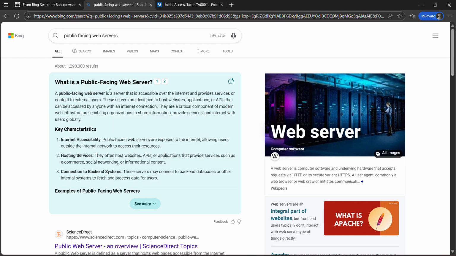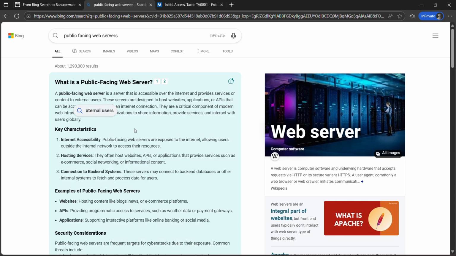A public-facing web server is a server that is accessible over the internet and provides services or content to external users. These servers are designed to host websites, applications, or APIs that can be accessed by anyone with an internet connection. They're a critical component of modern web infrastructure, enabling organizations to share information, provide services, and interact with users globally.